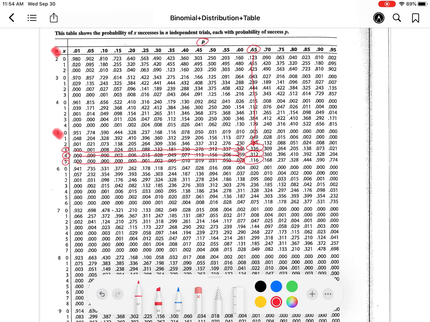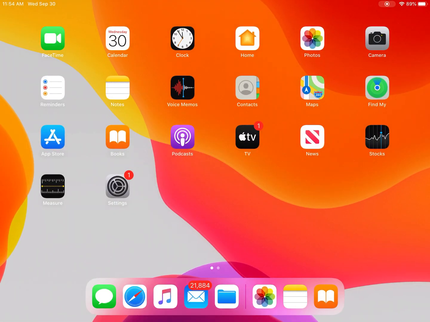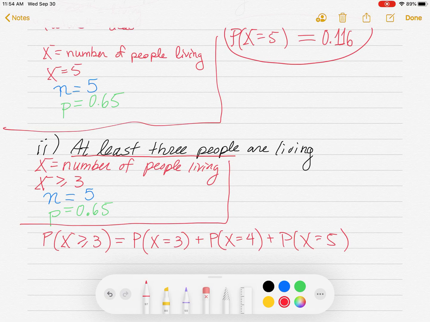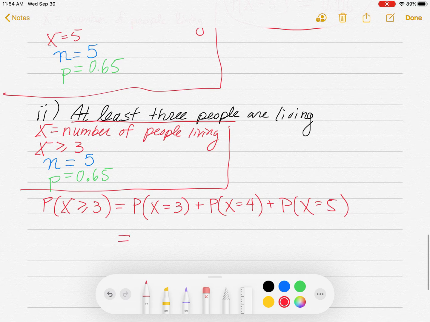And for 5 people alive, that's one we already did, 0.116. Let me write those down, 0.336, 0.312 and 0.116, otherwise I'll forget them. So those 3 numbers are for 3 people, 4 people, and 5 people alive.